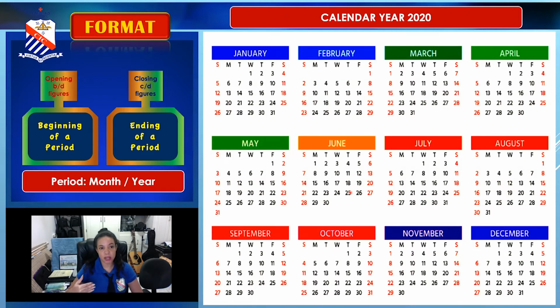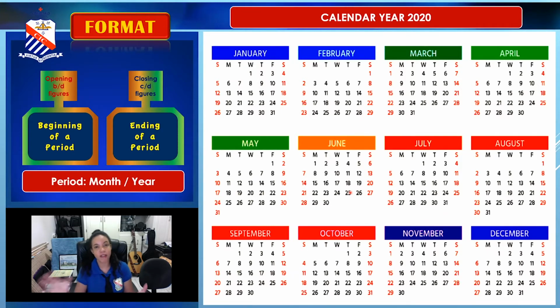You would come across some examples where the accounting period is not the same as a calendar period. So it may start, say, the 1st of September. If it starts on the 1st of September, say for example 2019, when would that year end? It will end on the 31st of August the following year, which is 2020. So you see that there would be some differences.